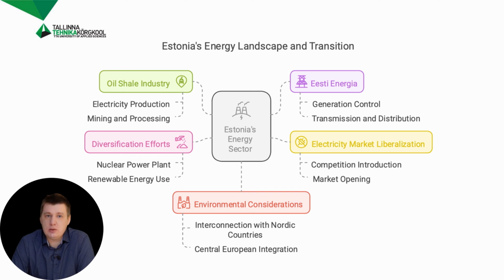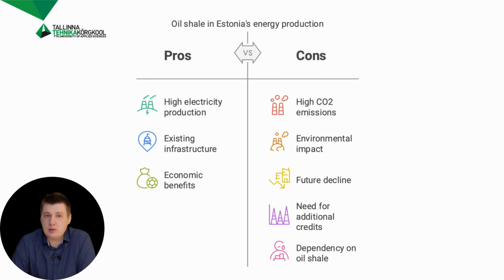In a modeling scenario, the consumption of oil shale is projected to decline by almost 50% after 2020. Comparative analysis of energy production scenarios reveals that the HYB scenario, which includes a nuclear power plant, is advantageous due to the absence of CO2 emissions. In contrast, the REF scenario, which relies on oil shale, continues to produce high emissions.